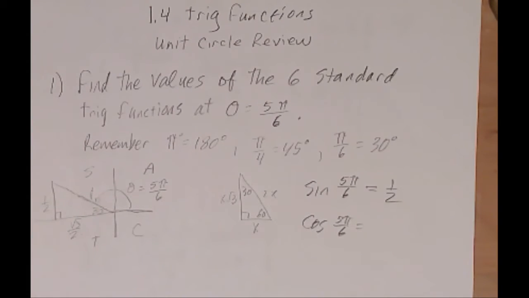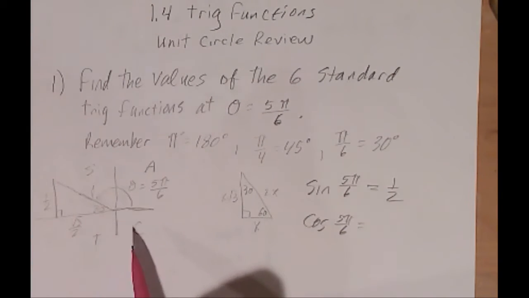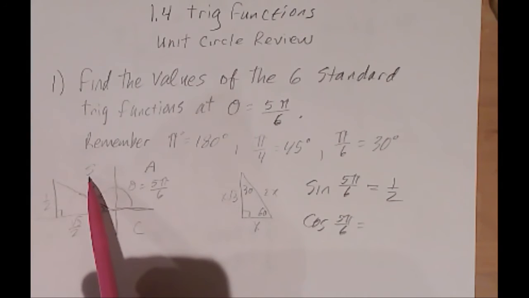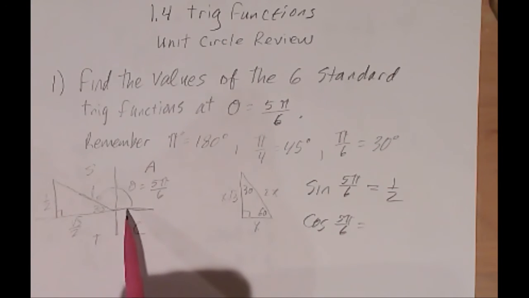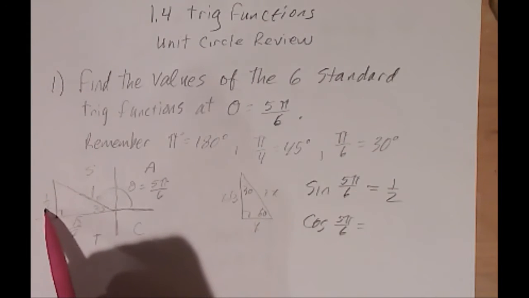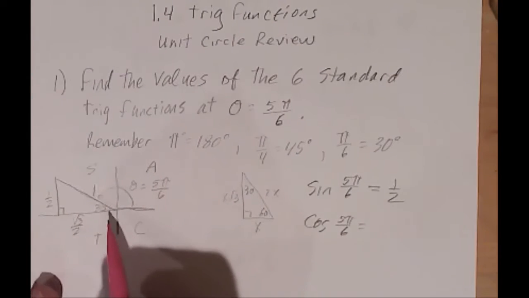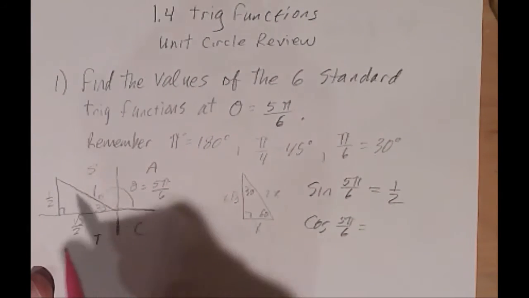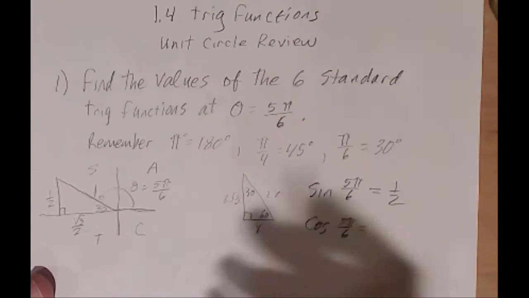What about cosine of 5 pi over 6? Well, cosine is adjacent over hypotenuse. A way you can think of this whole ASTC thing: the 1 is always positive because it's the radius that sticks out from here. But this is positive because it's up, and this one, which represents cosine, is going to be negative because it's left instead of right.